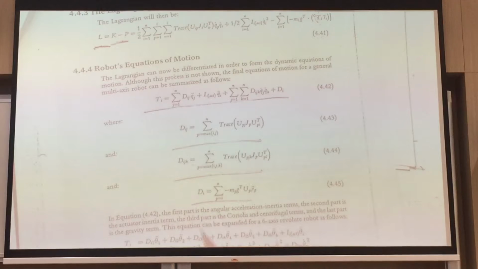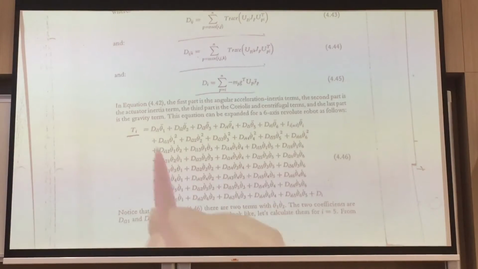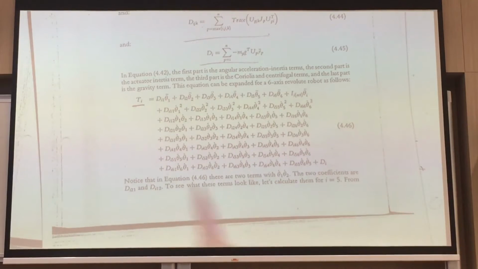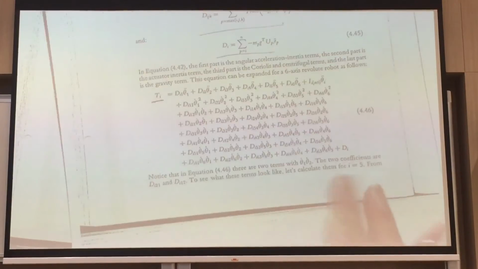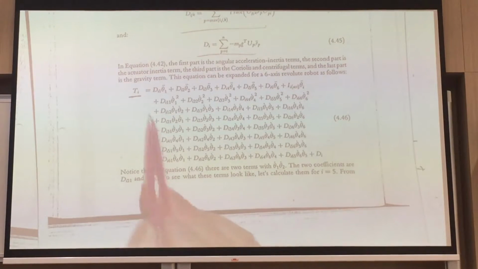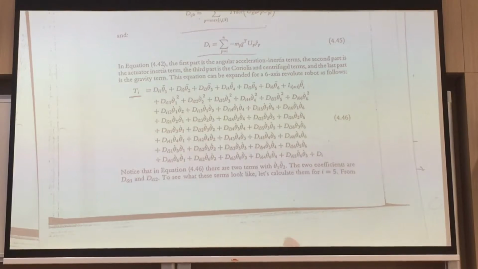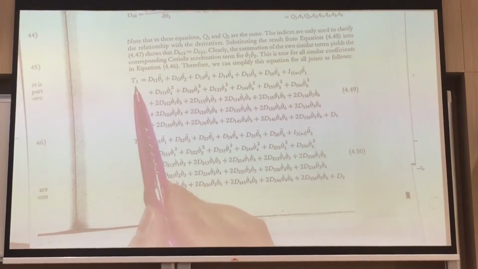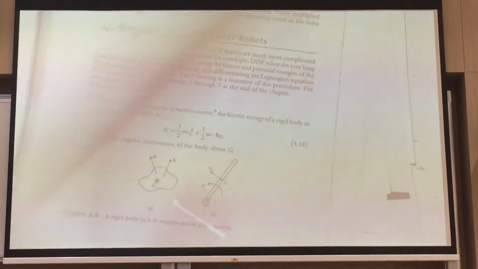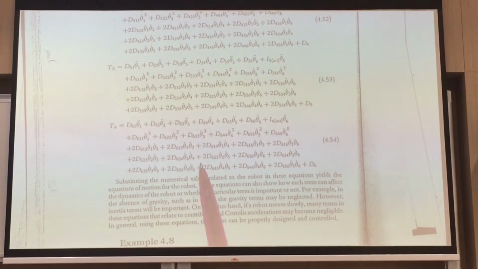If you are interested, each of them you can express in terms of this complicated, quite tedious form. For each joint, from joint number 1 all the way to joint number 6, you have to do this calculation and derive this formula.